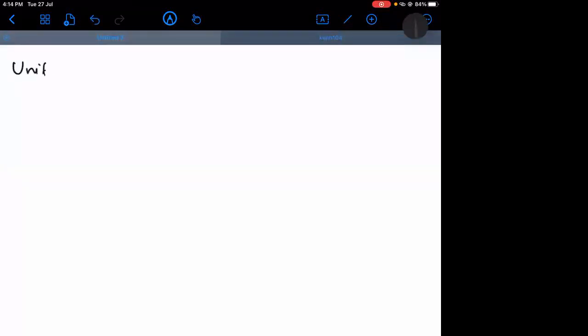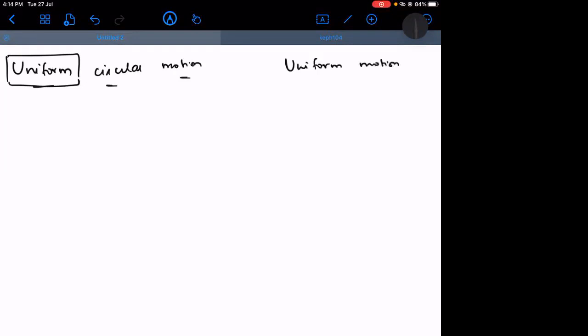So please write it down. Can you guys guess what will be the names that a uniform circular motion will possess? First of all, what do you mean by uniform in the case of a motion of an object? Wherever you see the word uniform, what comes to your mind? We have already learned something called uniform motion. So what do we mean by uniform?